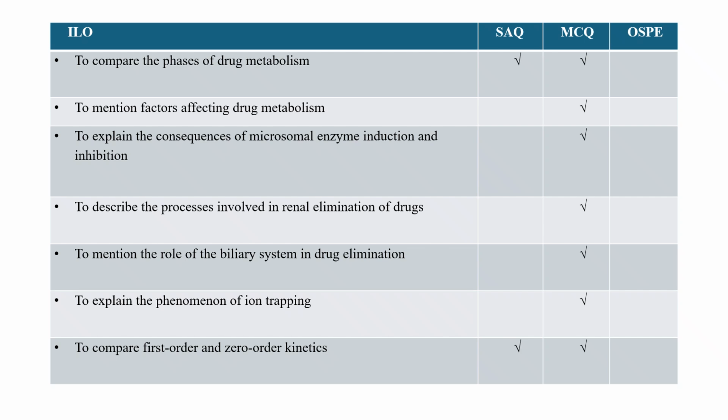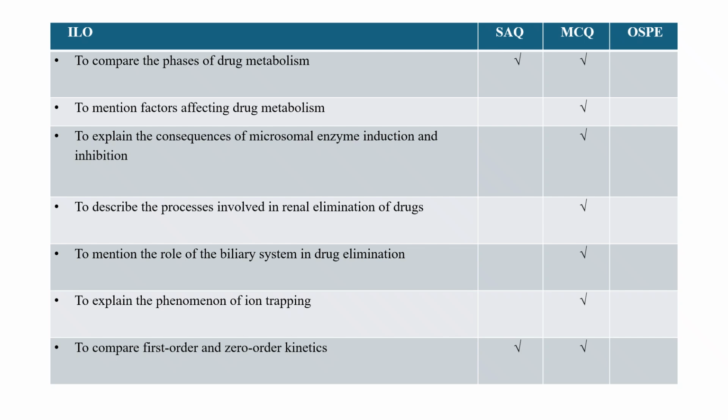For example, if you give me drug A and hepatic microsomal enzyme inducer drug B, I am going to get an increased metabolism of A, a decreased concentration of drug A and a decreased effect. Okay, so this is the basic consequence or effect of hepatic microsomal enzyme inducers and inhibitors.